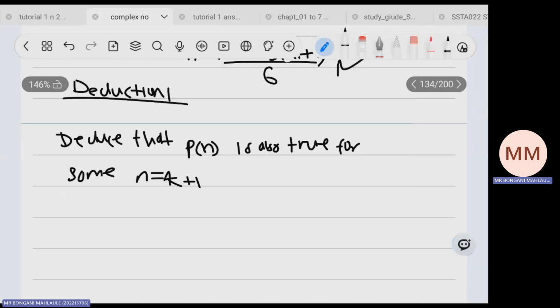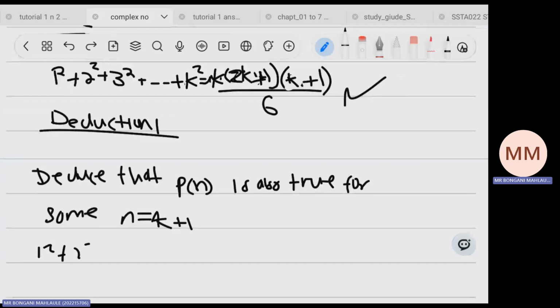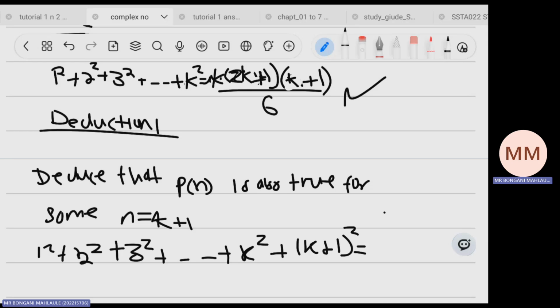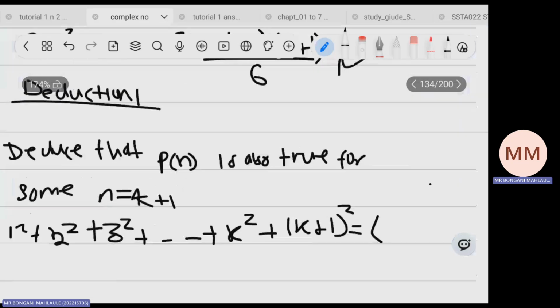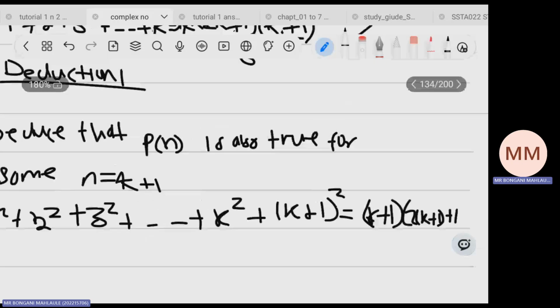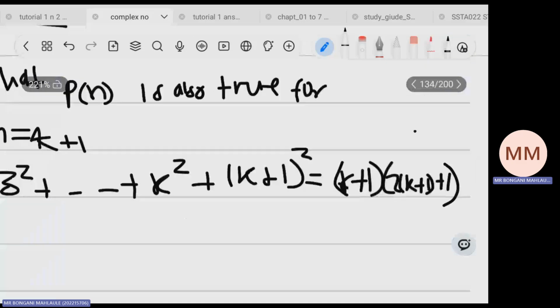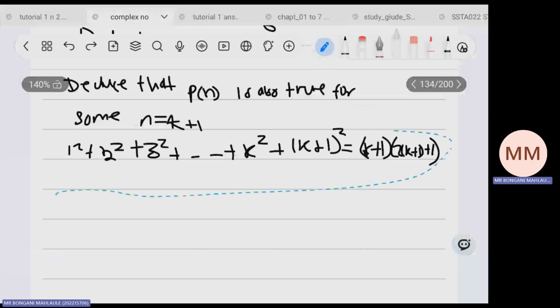So we're going to include the next term. This will be k plus 1 all squared. And here we'll have k plus 1 into 2 into k plus 1 plus 1. Then here if we put k plus 1, this will be k plus 2. So let's reduce this.